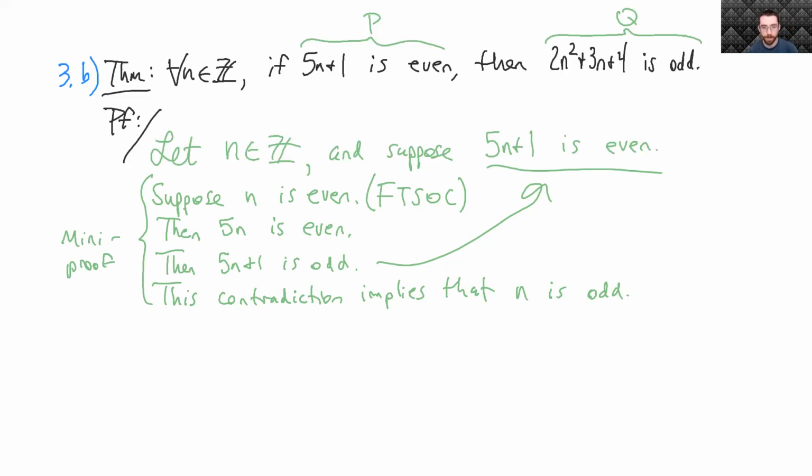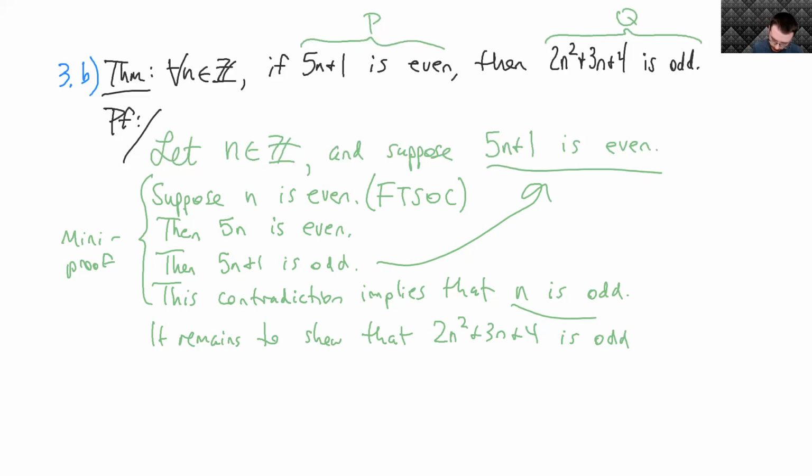All right, and now we know that n is odd. So maybe I'll say it remains to show that 2n squared plus 3n plus 4 is odd whenever n is odd. And I think you guys should be able to handle that.